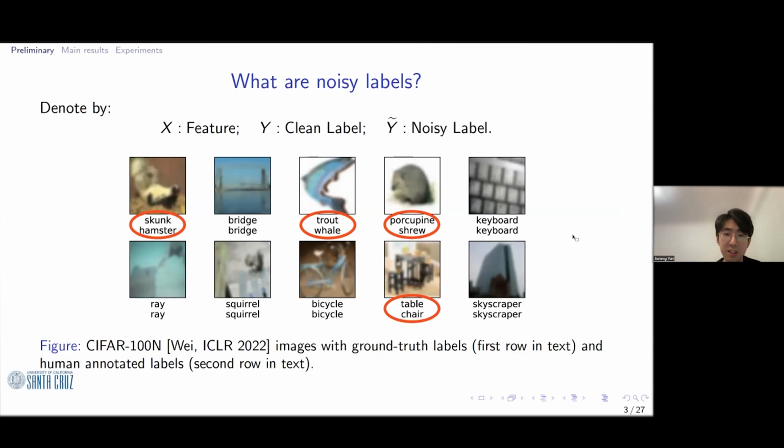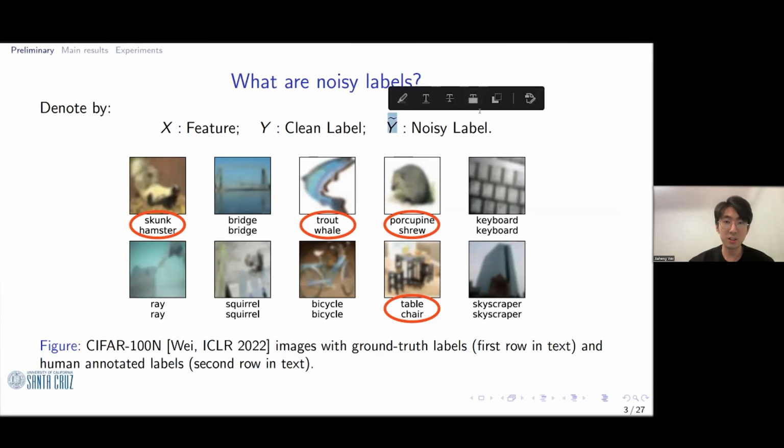The first row indicates the ground truth labels of this dataset, and the second row indicates the human annotations we obtained from Amazon Mechanical Turk. As you can see, the human annotations might mismatch with ground truth labels. We can view this kind of mismatching or crowd-source labels as noisy labels, which is captured by the tilde Y notation here.